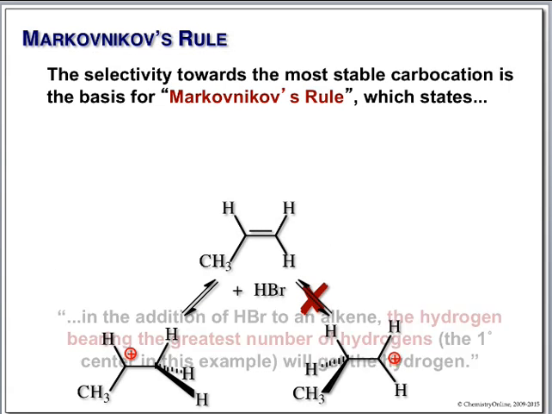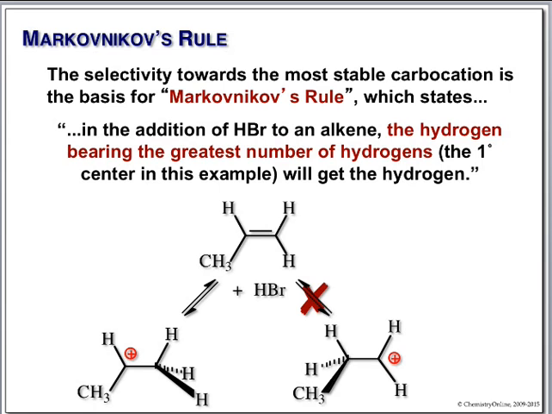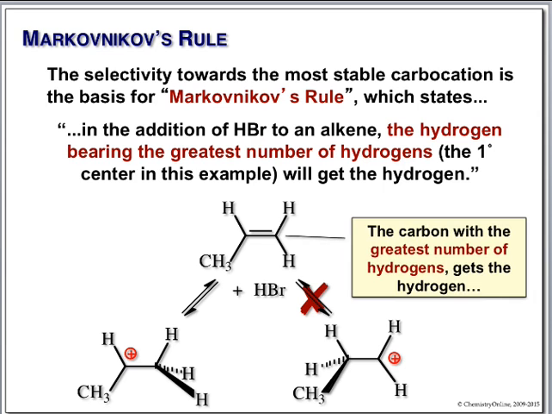Once again, this is Markovnikov's rule. What he actually said was the carbon with the most hydrogens is going to get the hydrogen. That is very simplistic, however, because what you're really looking for are the two possible carbocations, and you want to choose the most stable carbocation.